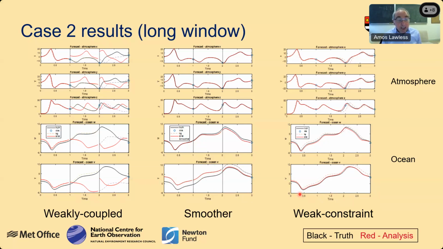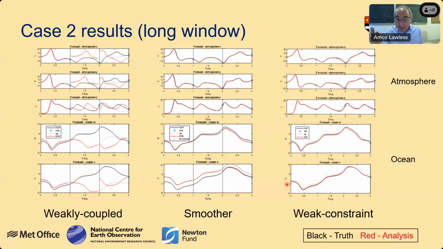When we look at the weak constraint case, because the weak constraint is designed to go over a full time window, over a longer time window, even when it's chaotic, because we're allowing for the model error in the atmosphere, and therefore allowing for the possibility of more nonlinearities, we do get, in this case, a much better fit, and we manage to fit the ocean variables and the atmospheric variables very well by using this weak constraint approach.